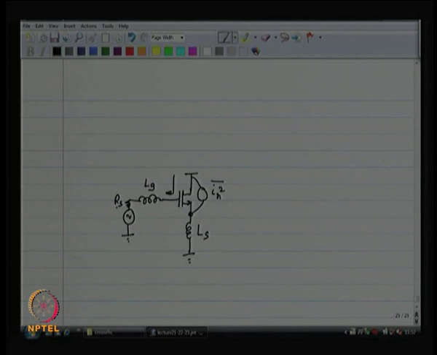In addition to this, we should not forget that the MOSFET has its own parasitic capacitances.